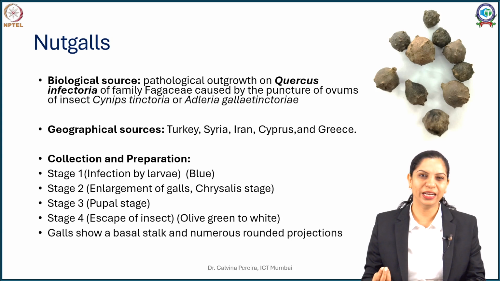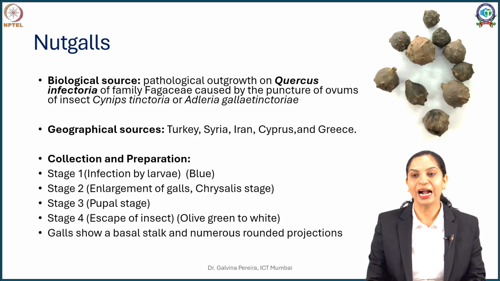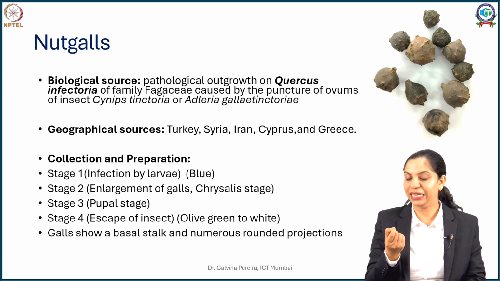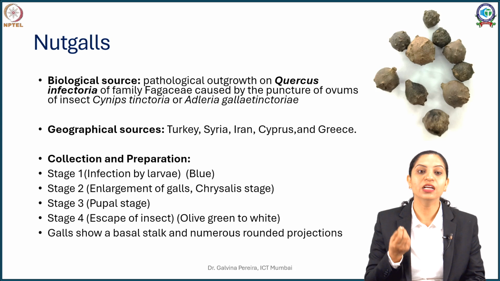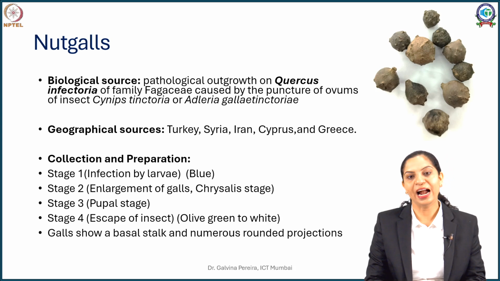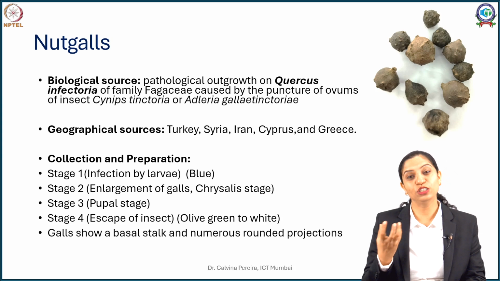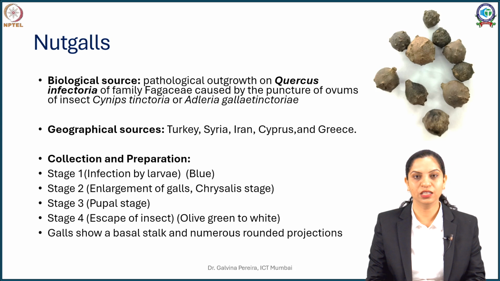Now this oak tree is a plant which grows up to 2 meters in height, and what happens here is you will see there are tiny insects. These insects lay their eggs. The insects which lay their eggs on this oak are Cynips tinctoria and Adleria gallae-tinctoriae. When these insects lay their eggs, they give rise to tumorous outgrowths. They are called galls, and those are then dried and separated.